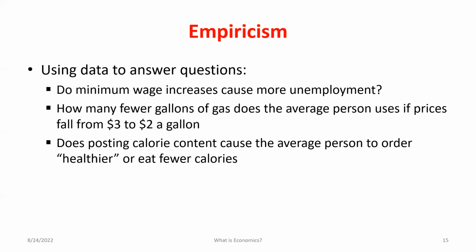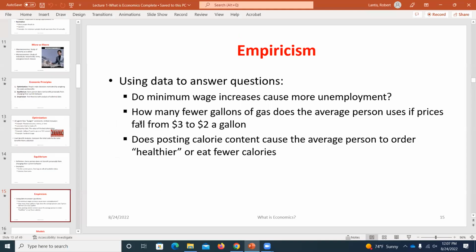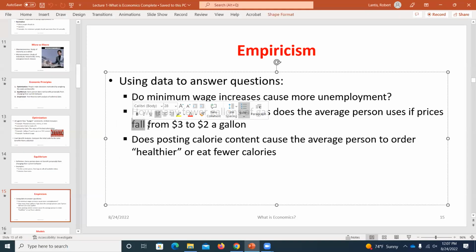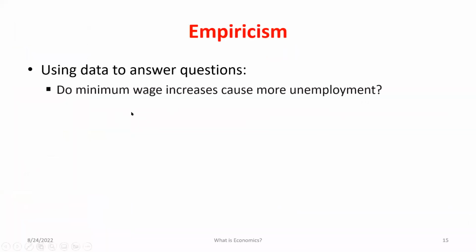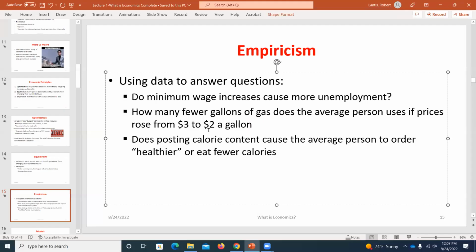I'll give you a pretty good example of this. In this one, I've got some questions here. I'll focus on the second one: how many fewer gallons of gas does an average person buy if the price rose? I might have typed these up a little too fast.